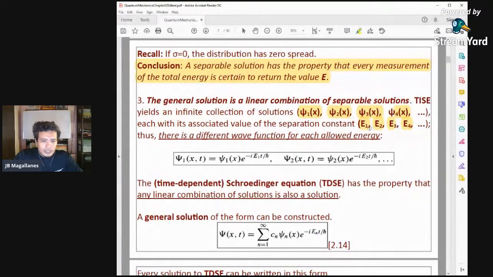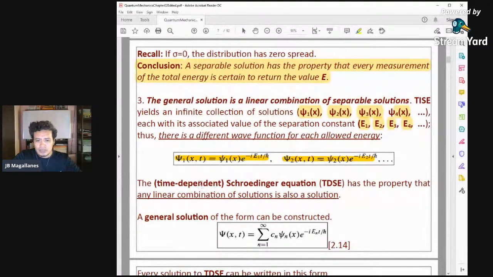So they have different energies. So how do you write the wave functions, the space-time dependent wave function? This is your wave function 1: phi 1 times exponential of negative i E1 t over h bar. And phi 2 would be this, and so on.